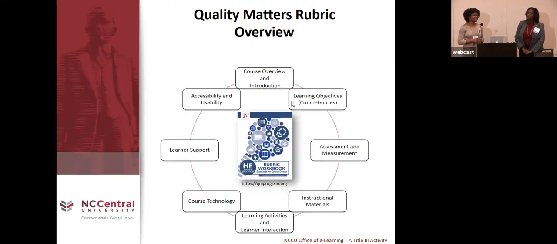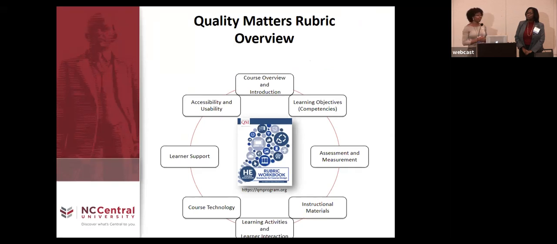This session was designated as applicable to persons who are experienced with Quality Matters, but also those who are newcomers. For those new to QM, the rubric that is the hallmark of the Quality Matters program is based on 8 general standards.